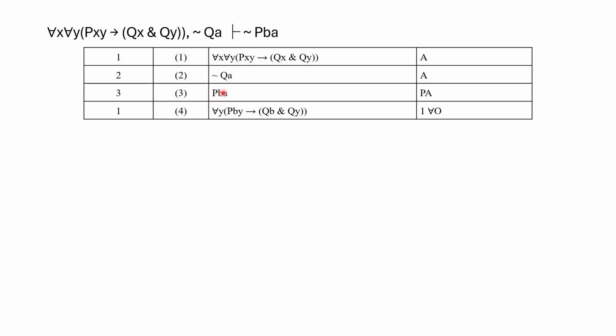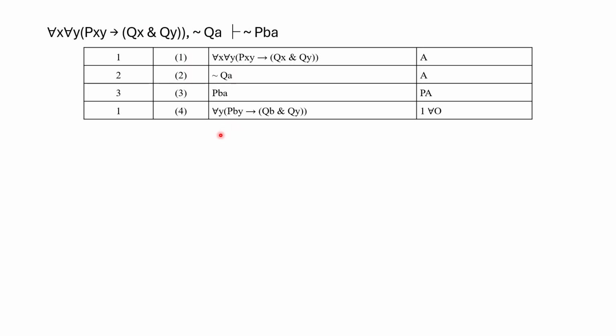And since the x is in the first place of this two-place predicate, we're going to put a B where that x is at. And then we need to put the same B in for this x variable here. So that's why we have PB, Y, QB, and then QY, because the x that was here is getting replaced by a B in those two different places of the statement.